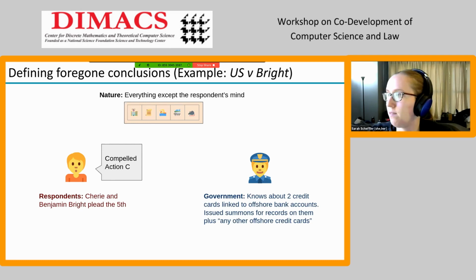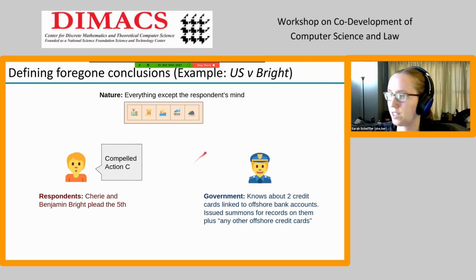And then last, we have this third box of nature. And nature is meant to represent every single thing in the entire world except for the respondent's mind. So we have everything in the entire world split into two parts. One part is whatever's in the respondent's mind, which is testimonial, and one part is nature, which is everything else.